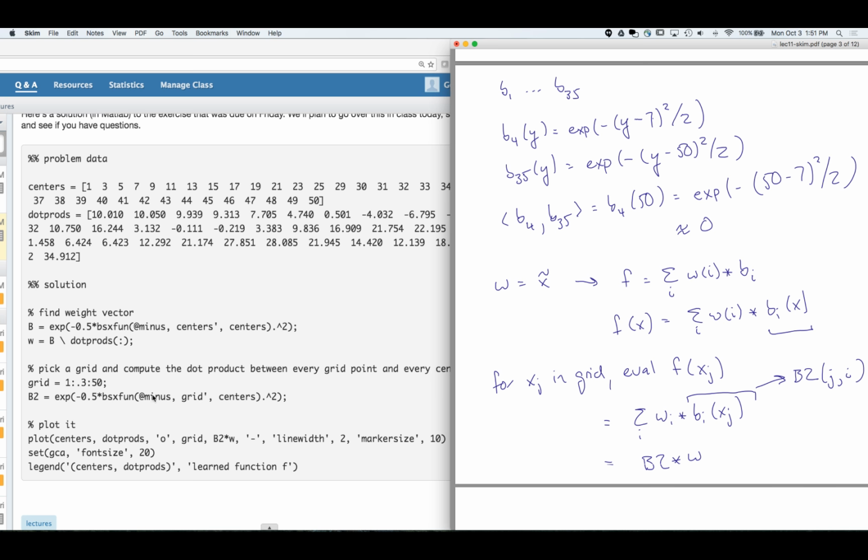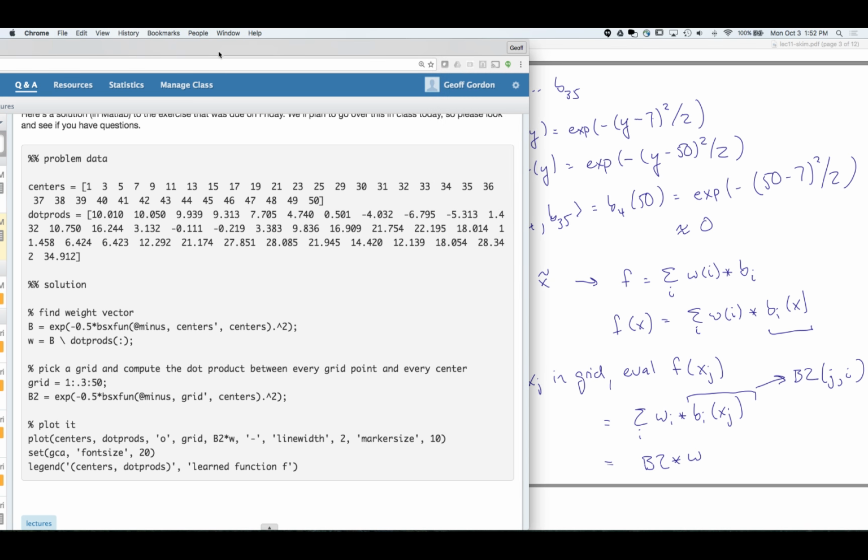For each of those evaluations, I take the difference between one of the grid points and one of the centers, square that, and take e to the minus half of that squared value. So B2 is the matrix whose ji element is bi of xj.